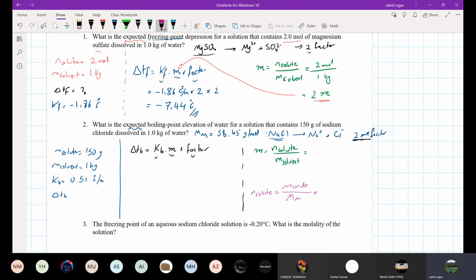This is 150 grams divided by 58.45. I think it's 2.64. Let me just check. 150 divided by 58.45 is 2.56.